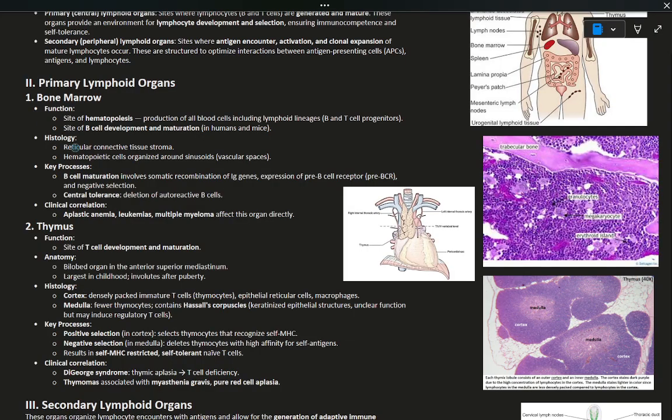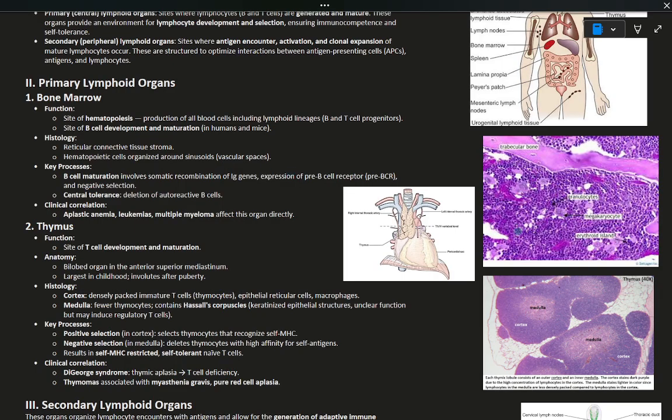Regarding its histology, a bone marrow can be identified through the presence of the reticular connective tissue stroma and the arrangement of hematopoietic cells around the sinusoids or vascular spaces.